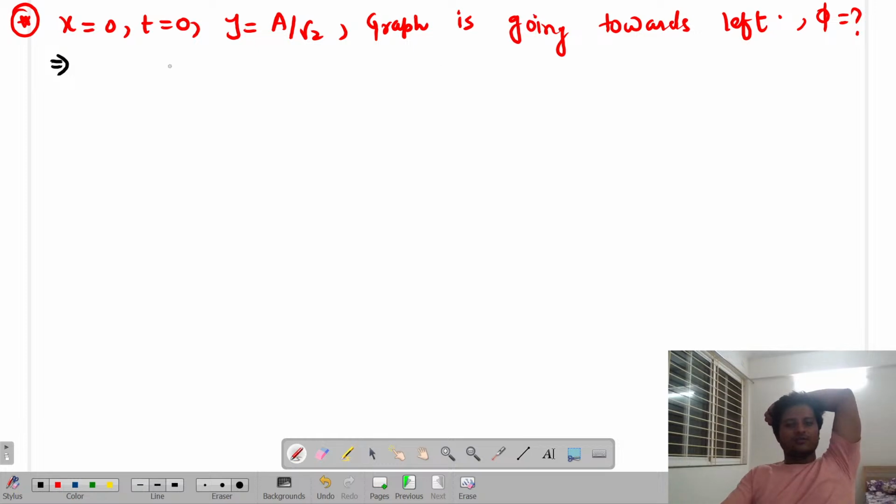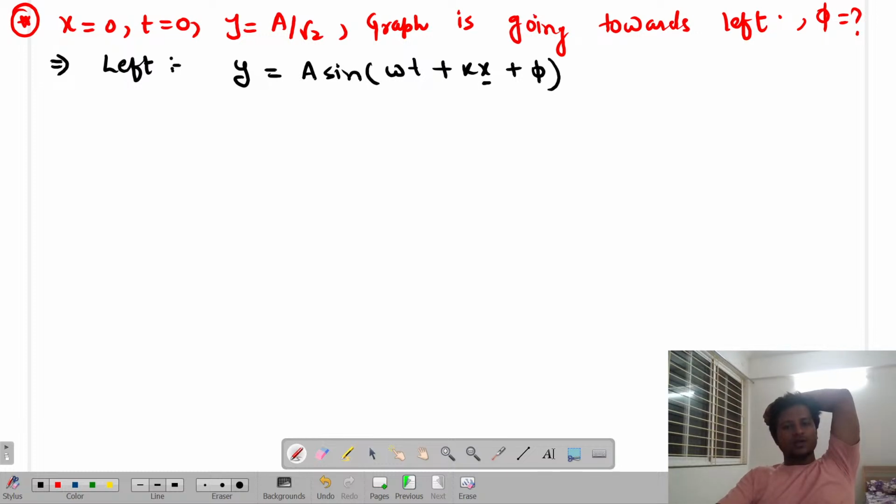Now, first of all, if a wave is going left, let us just clear it out. If a wave is going left, y is written as a sine omega t plus kx plus phi.